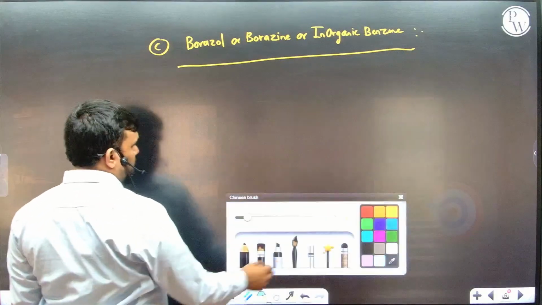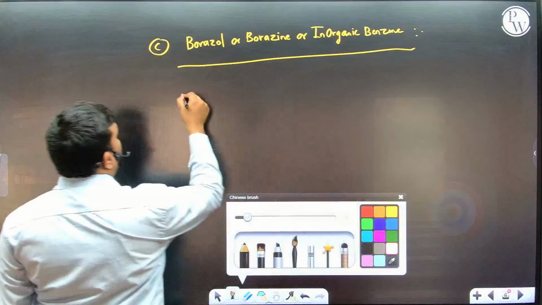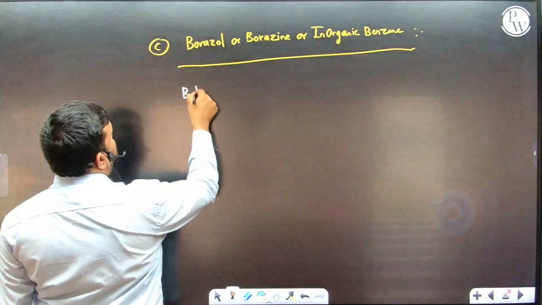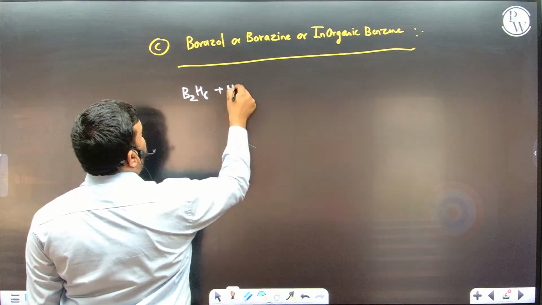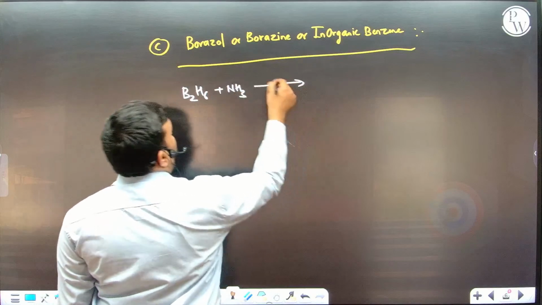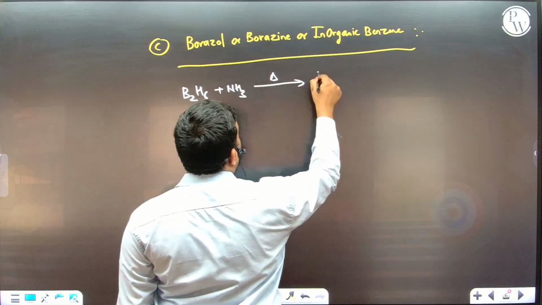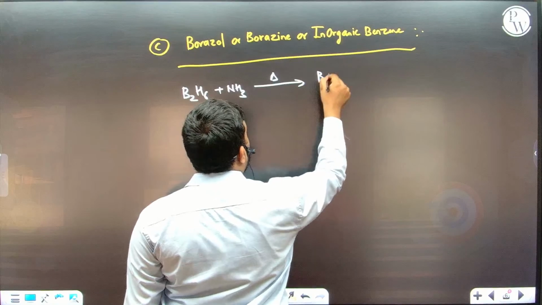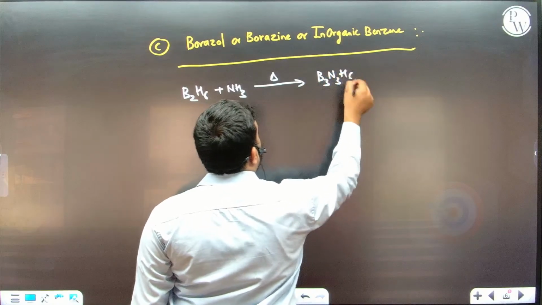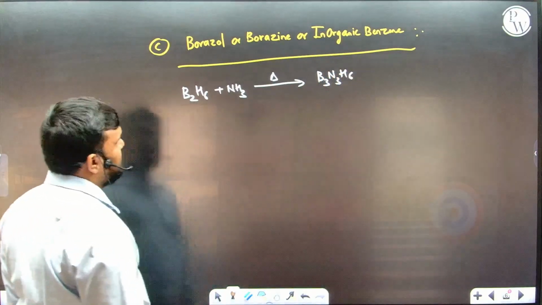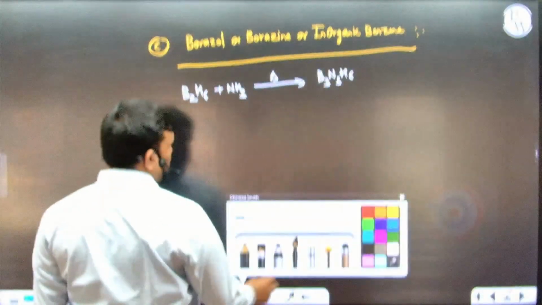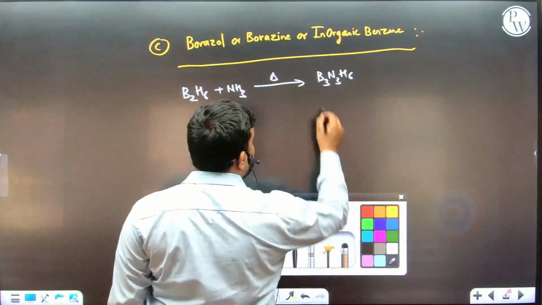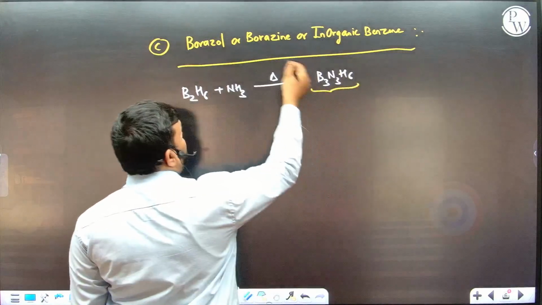See, if you have the reaction of B2H6 with NH3, then you can ultimately get this compound called B3N3H6 over here. B3N3H6. Okay? So this B3N3H6 has many names.